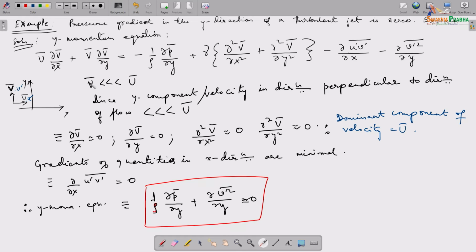Using that, we basically said these derivatives in these directions are 0, right. And also the second order derivative in the y direction, because the value of v mean itself is very small, right.